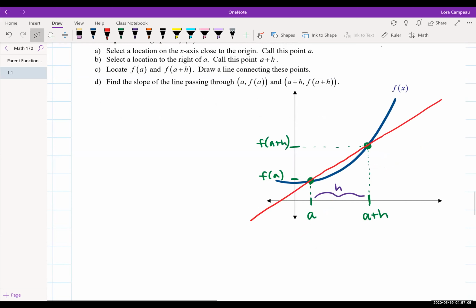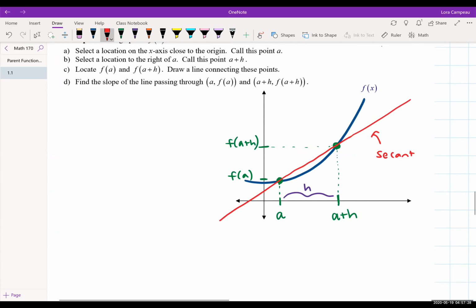And whenever you draw a line through a function, and it's passing through two points, maybe we haven't defined it so much, but I'll either define it now or refresh your memory. This line right here is what we call a secant line.